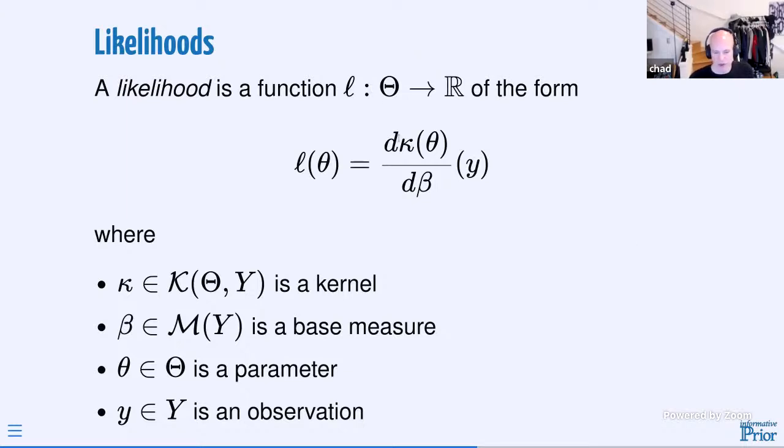So if I have a kernel kappa, this likelihood is, well, what happens to any given theta? If I have a theta, I'm going to apply my kernel to that value and then look at its density with respect to some base measure. Now that gives me a function. Kappa of theta gives us a measure over y, and then taking the density of that with respect to beta gives us a function on y, and if I apply that to y, then I get a real number.